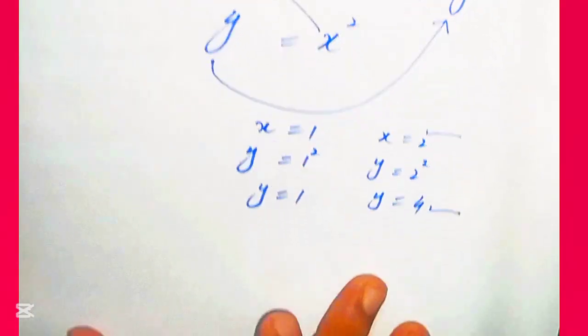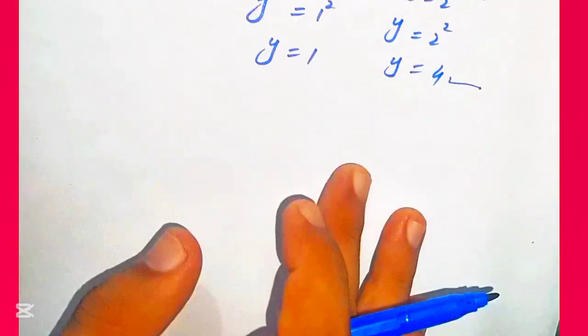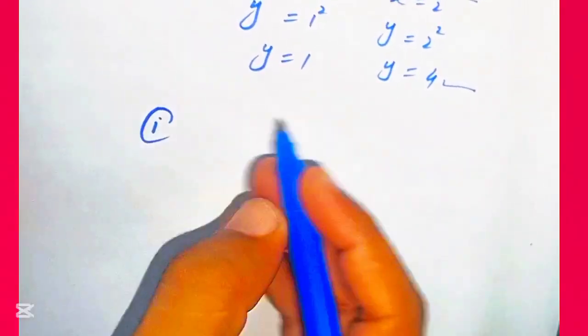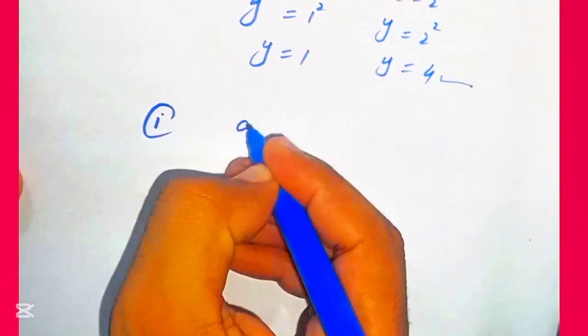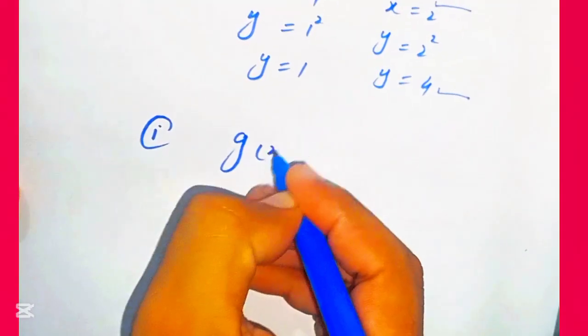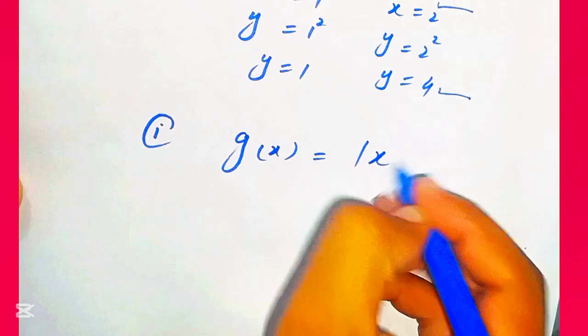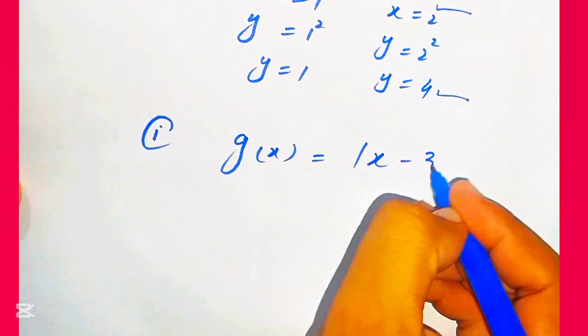Now we simplify a specific function for domain and range. First of all, let's suppose we have a function c of x is equal to mod x minus 3.